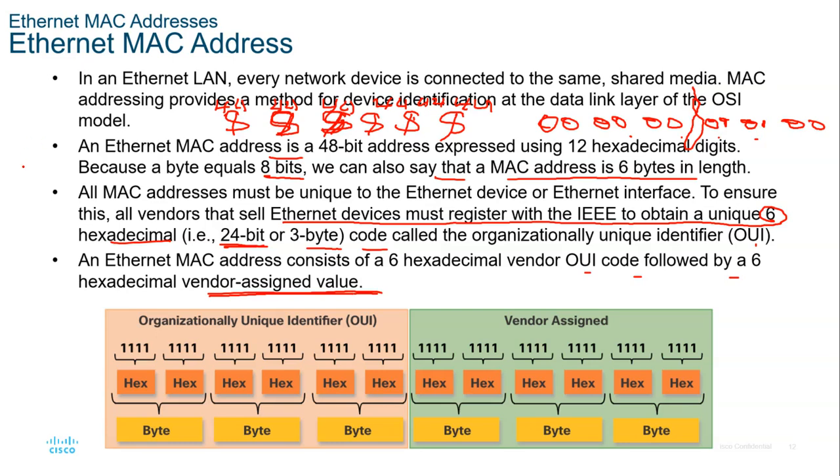So we have the so-called 3 byte organization unique identifier, and then the vendor assigned part. This one here uniquely identifies the vendor, 3 bytes. Then the other 3 bytes are assigned by the vendor to a specific computer to uniquely identify a computer manufactured by that vendor.